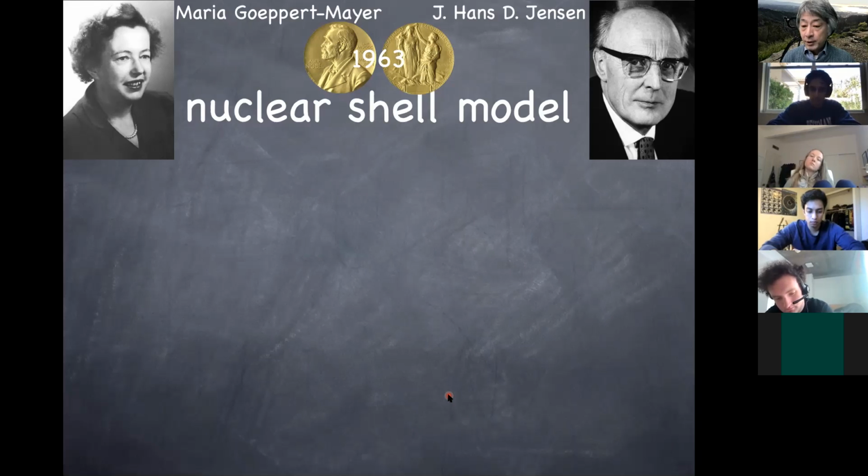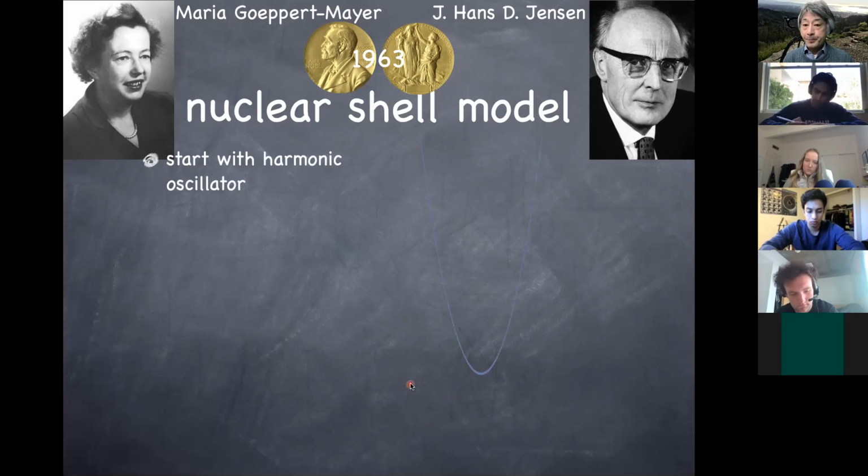In the case of nuclear physics, the corresponding coupling constant is actually very large, something like 15. So it's definitely not a weakly coupled system. It's very strongly coupled. It's very difficult to understand theoretically, but it turns out that there is a similar idea to the closed shell, which turns out to be very useful.